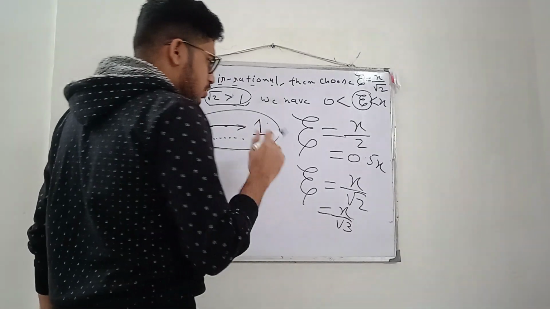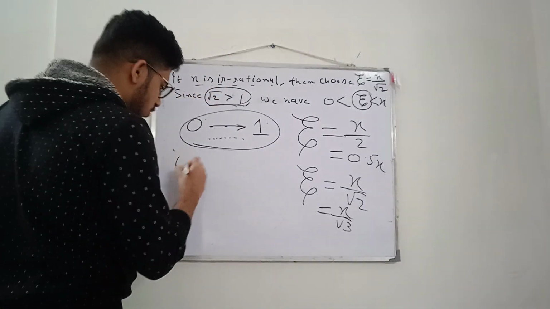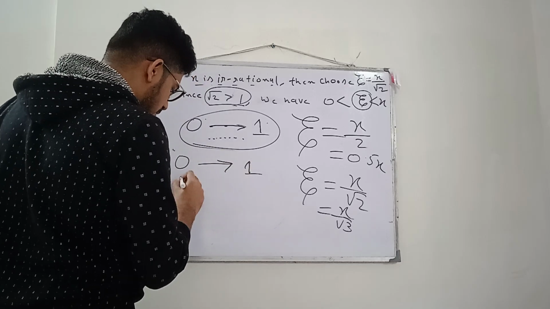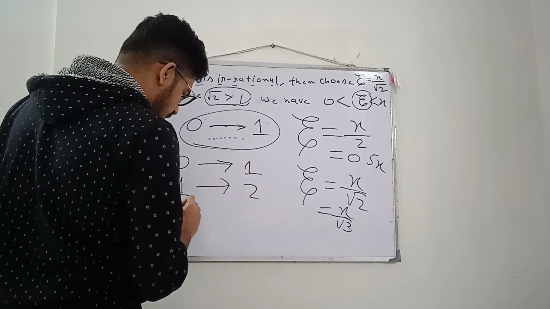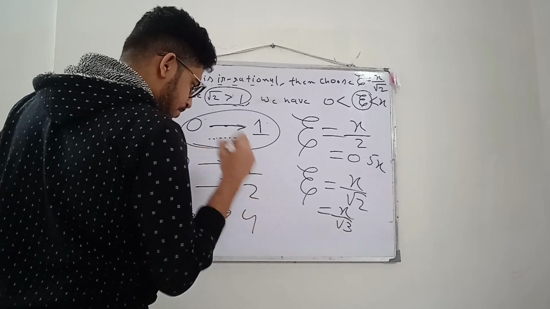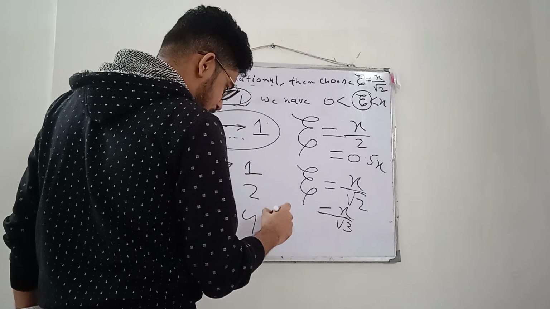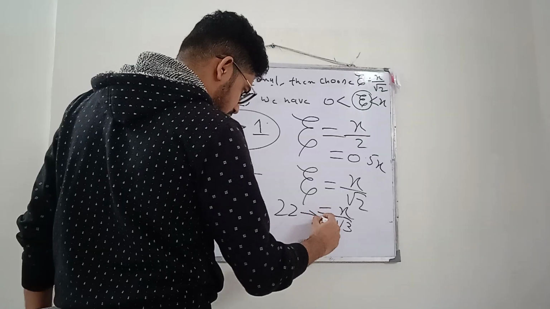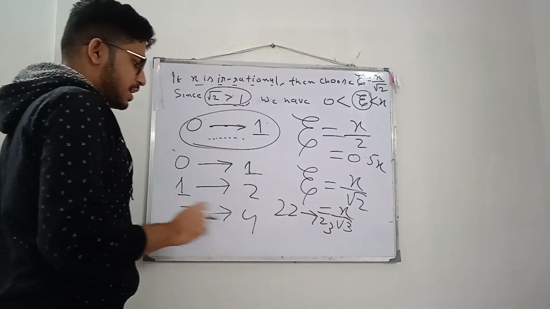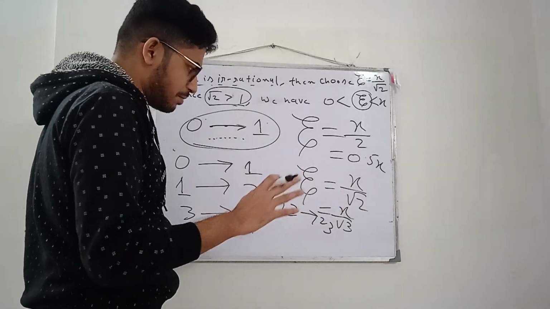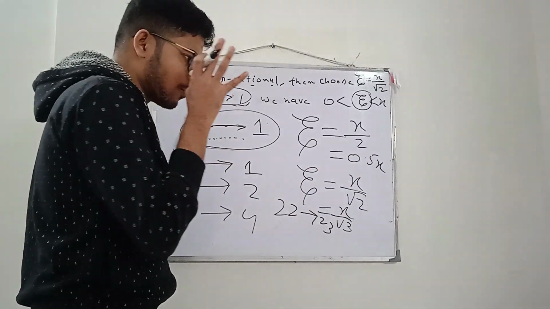Between 0 to 1, or 1 to 2, or 3 to 4, or say 22 to 23, between any two real numbers, there are infinitely many irrational numbers.